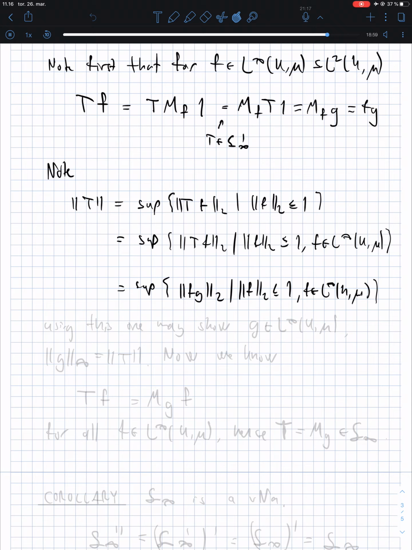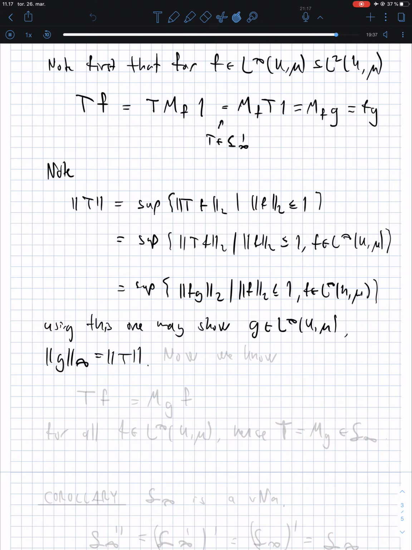So essentially that's the same as my argument that I skipped, that the norm of Mf is the same as the infinity norm of f. So using this one may show that g is in L infinity of K, mu with the infinity norm the same as the norm of T.